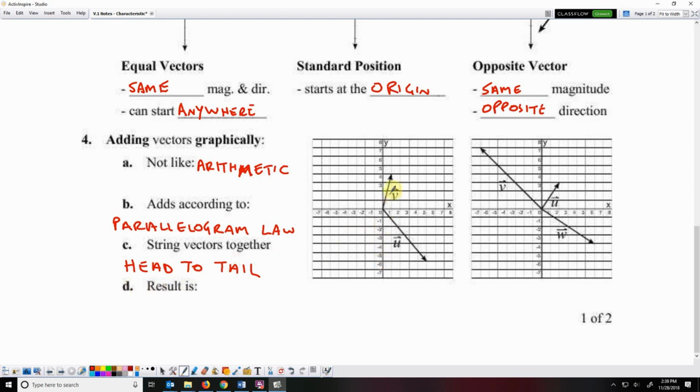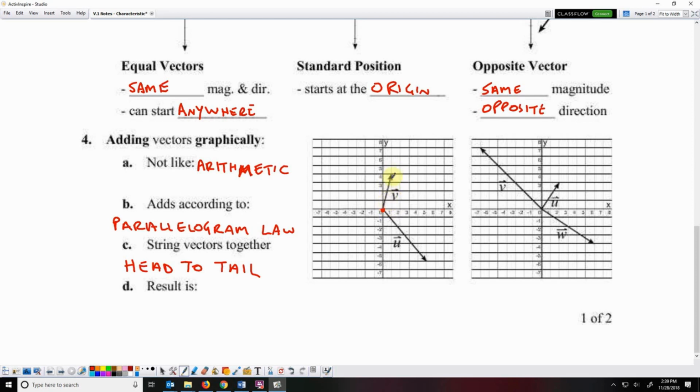So we've got vector v and vector u, and we want to add them graphically. I'm going to leave one of them with its tail right there at the origin, and I'm going to move the other. Typically, it's easier to leave the longer one and move the shorter one, but it really does not matter. So this shorter one, vector v, goes 1 to the right and up 4.